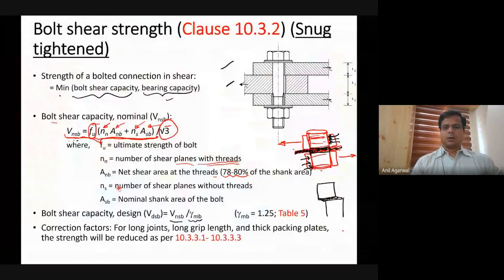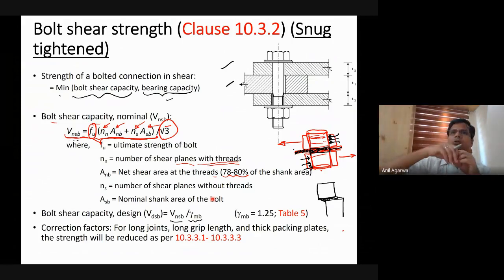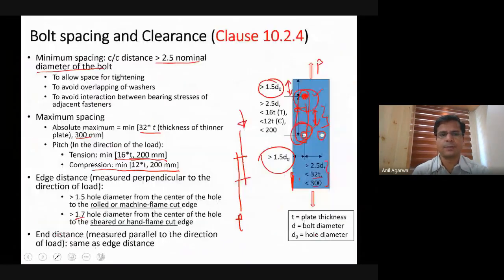Right. So in addition to this, that is V and SB, there are some correction factors given for long joints, for long grip length, and thick packing plates. What do I mean by long joint? Basically, when you have too many bolts or bolts are too far apart, of course, they have to be within the limits given here, whatever 12T or 16T and so on.